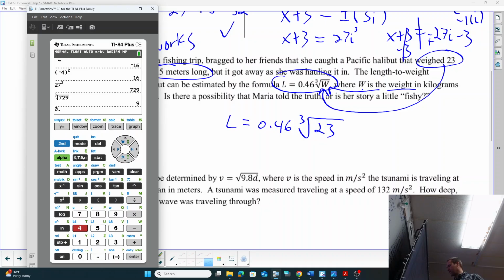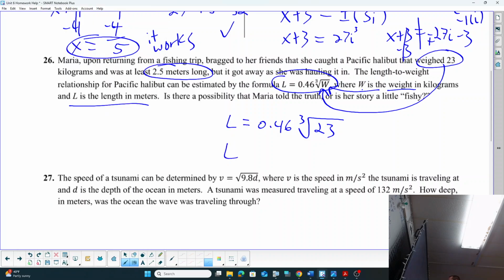Use your calculator on the test. So 0.46 times the math cube root of 23, parentheses, gives us 1.3. The length is equal to 1.3.